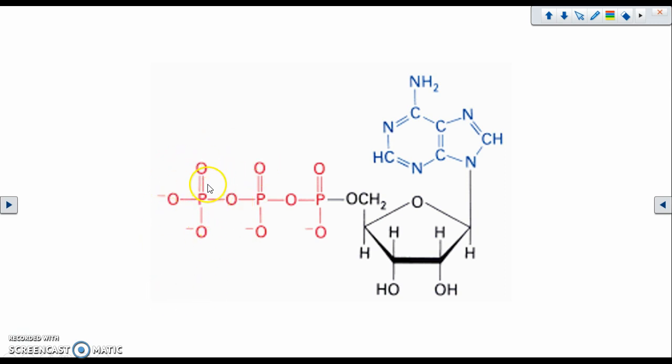This last phosphate is just wanting to snap off because it cannot stand the fact that it's right next to not just 1, but 2 negatively charged phosphate particles. So when this last phosphate group breaks apart, there is a release of energy, okay? There's extra energy at the end of this breakdown. That extra piece of energy is what drives a lot of cell processes.